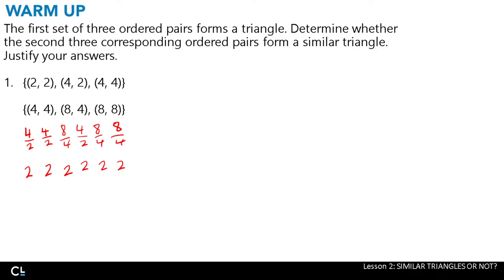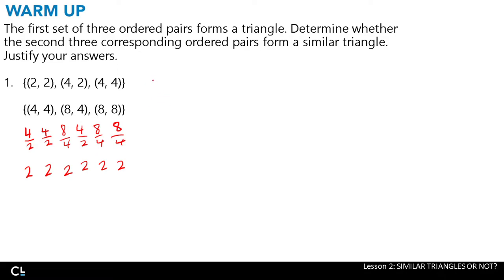And what happens is we have a dilation here from the center, and we're multiplying by 2. And when I say the center, I mean the origin of the coordinate plane, right? We're dilating from the origin by a scale factor of 2.